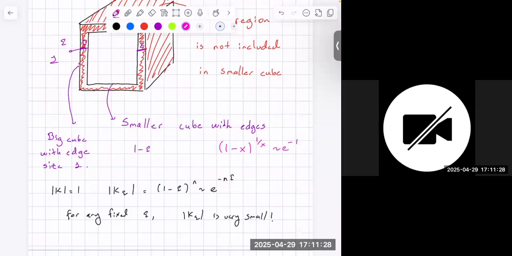N-dimensional cube. I couldn't draw an n-dimensional hypercube, so I ended up drawing a 3D one. I'm sorry for that. I could maybe try to draw a 3D projection of a 4D one. That's as much as I could go. So what you do is you have edges of length 1 for the big cube, and then the smaller one has edges of 1 minus epsilon.